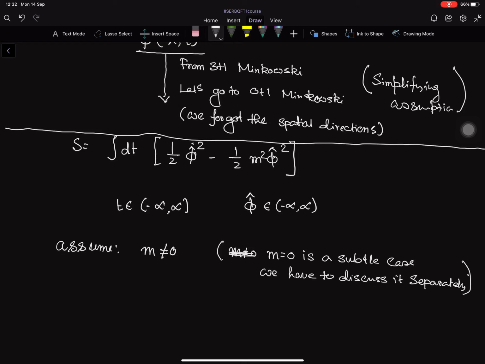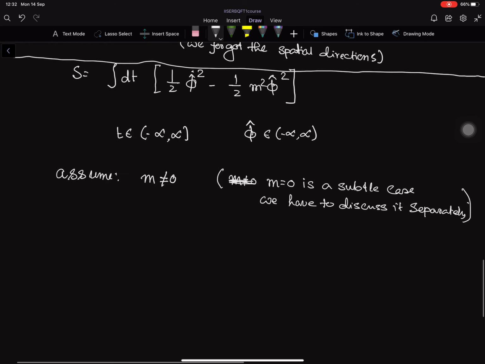Great. So now, whenever somebody gives you a Lagrangian, what's the first thing you should do? The first thing you should try to see is what the symmetries of your theory are.